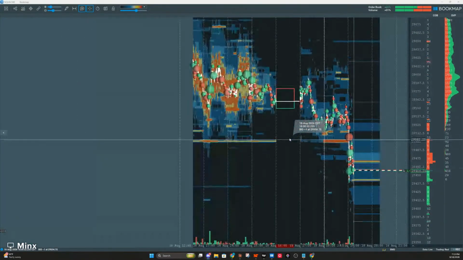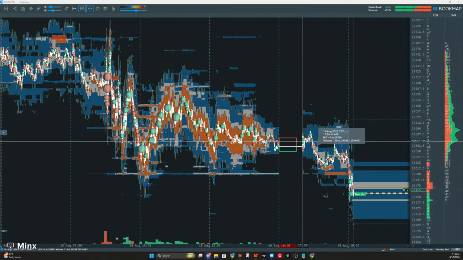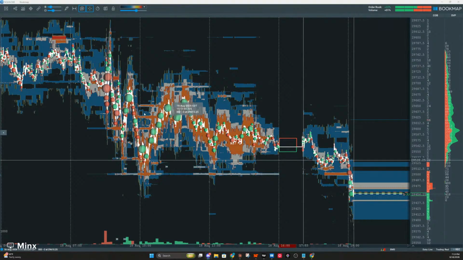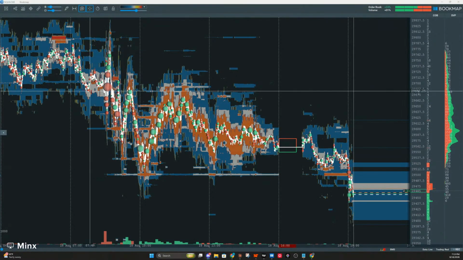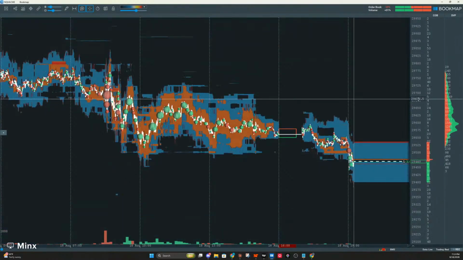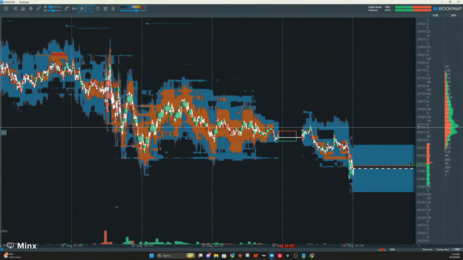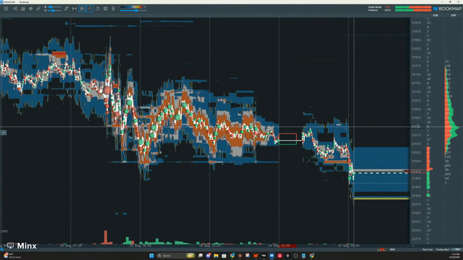Sorry. So visualizing liquidity pools, that is the first and foremost thing. The first thing I do when I wake up in the morning is I want to see where buyers and sellers are sitting, right? Because overnight, especially recently, has been quite volatile, quite wild. I don't know exactly where price action is going to land when I wake up.